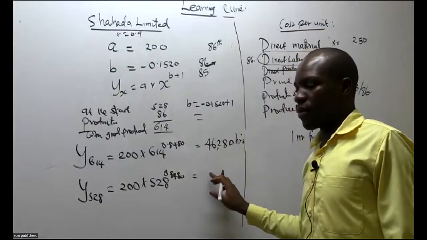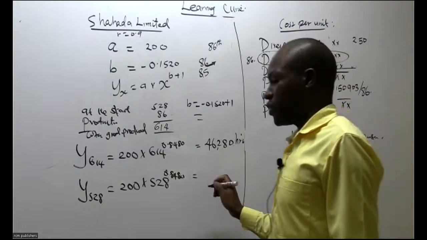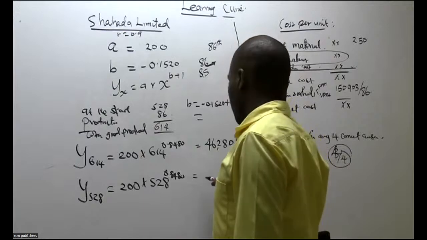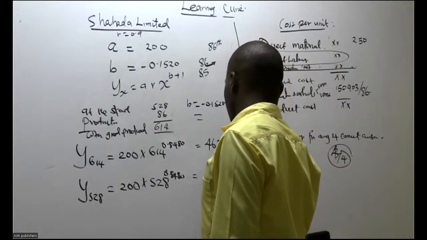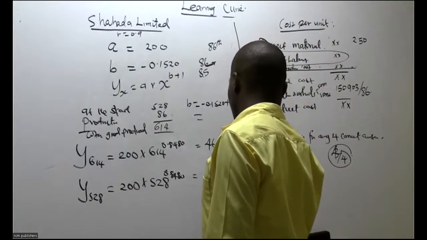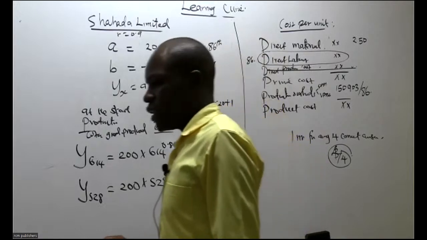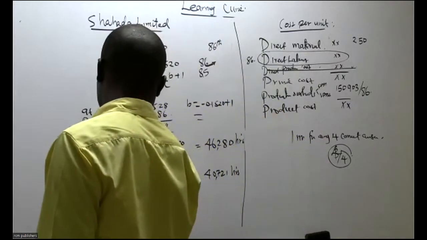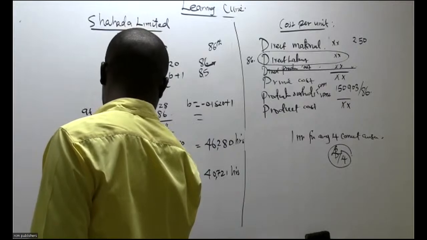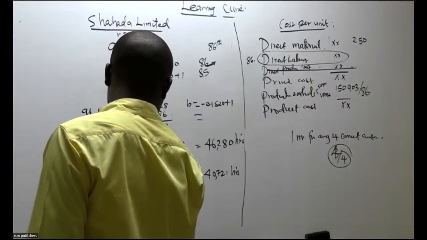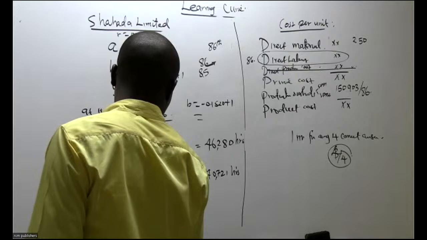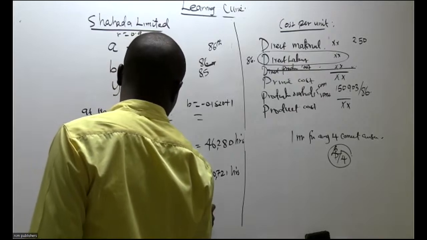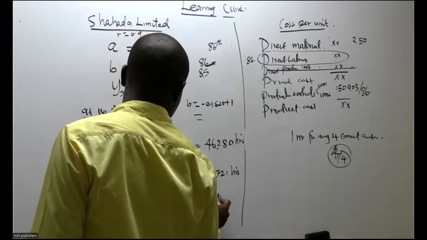What do you get? We have 721 hours. Then the labor hours of producing 86 units during the period.